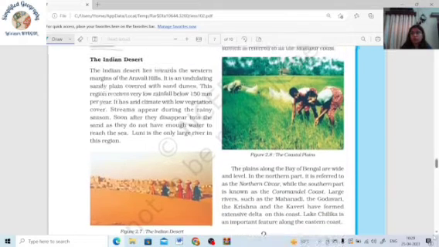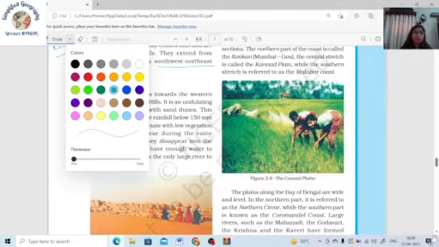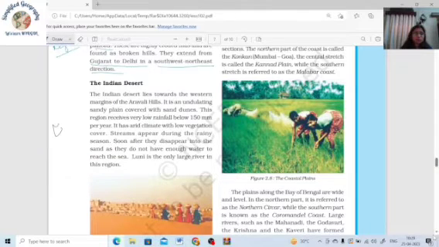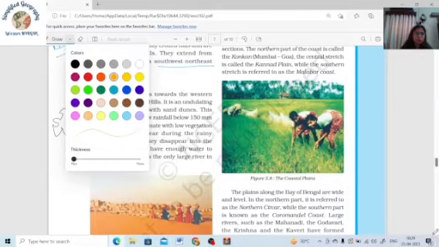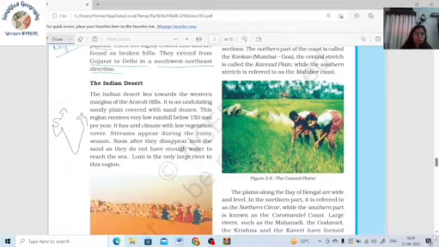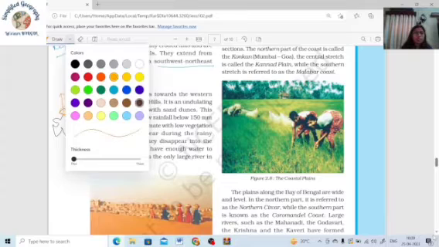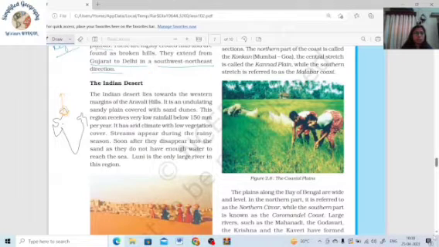Right, so if you want to see the location, let me draw it as quickly as possible. So this particular location we are talking about is the Great Indian Thar Desert, and Aravalli is situated here.